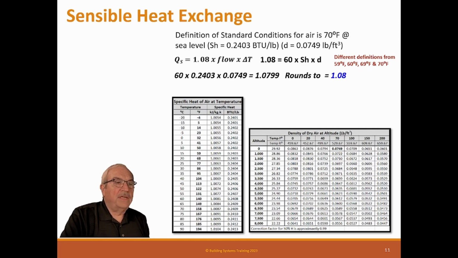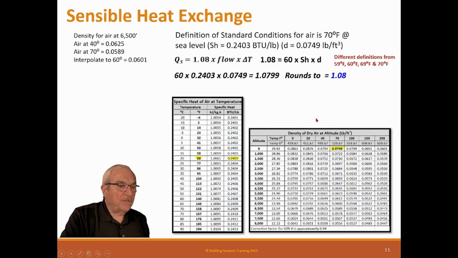So the one thing that is important is that you always use the temperature of the air you're actually measuring when you're using these calculations. If you're using a formula and you're changing the standard air, in other words, if you go to 6,000 feet and it's 40 degrees outside and you're dealing with air on the inside, you're not having any outside air in the equation, then you need to use the temperature you're actually measuring.